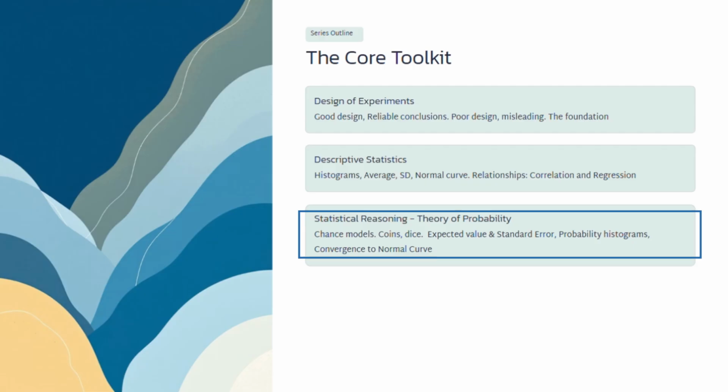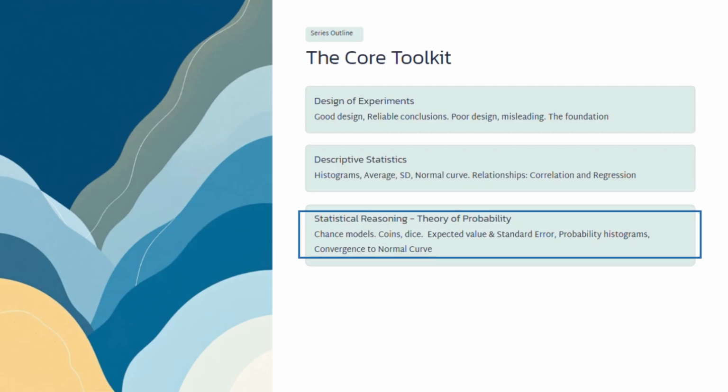You will learn about expected value and standard error as the core concepts in statistical reasoning and probability. Also, we cover probability histograms, how to develop them, and how the convergence to the normal curve is relevant to statistical reasoning and analysis.